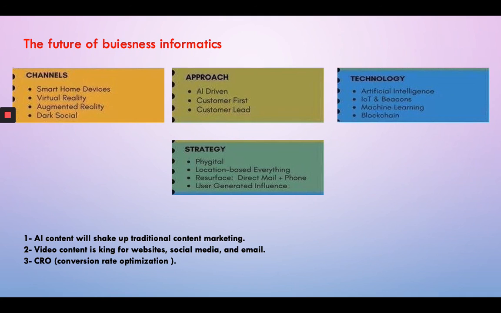So this is some of the future AI content that will shake up traditional content, just like the Google machine: when you type something, it uses AI to improve your search for the future.